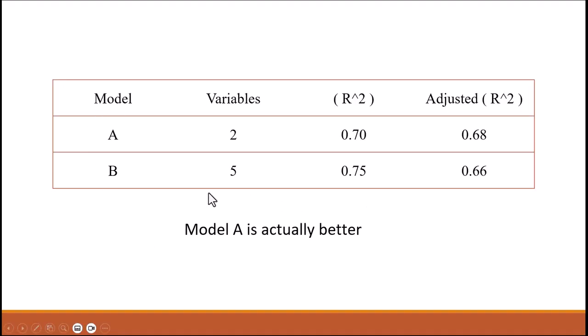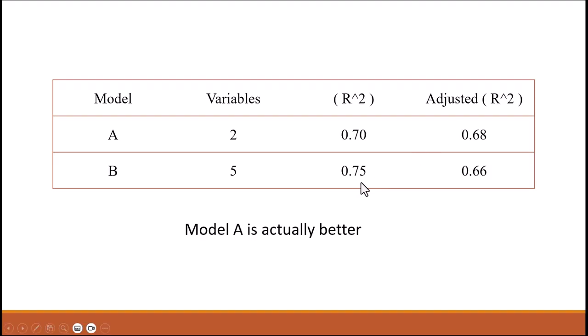So here is an example. Consider that model A uses just two variables and its R squared is 0.70, but its adjusted R squared is 0.68. And model B uses just five variables and reaches R squared 0.75, and the adjusted R squared is 0.66. Which model is better? It's very simple. You change those two variables to five variables, but your R squared only increased by 0.05.